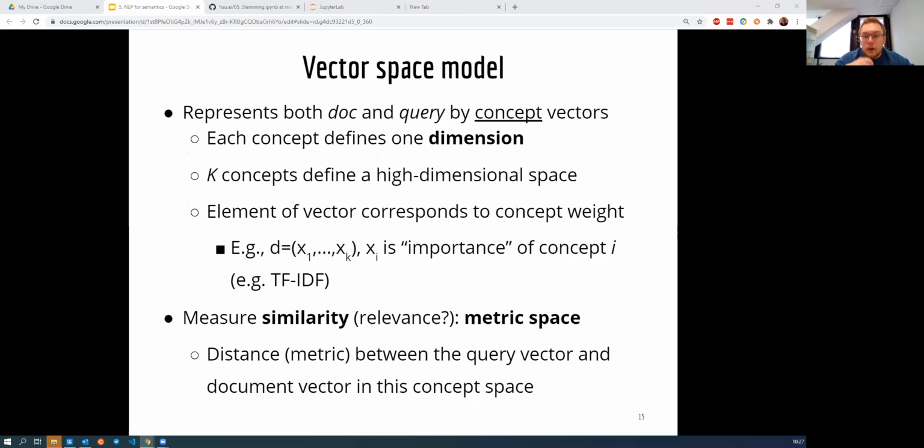And there's an assumption that concepts are orthogonal. We will speak about this later. And what we know, each concept, meaning the word for the text, expresses a single dimension in the vector. The element of the matrix corresponds to the weight of the concept, so how big this word or concept influences the semantics of the text.